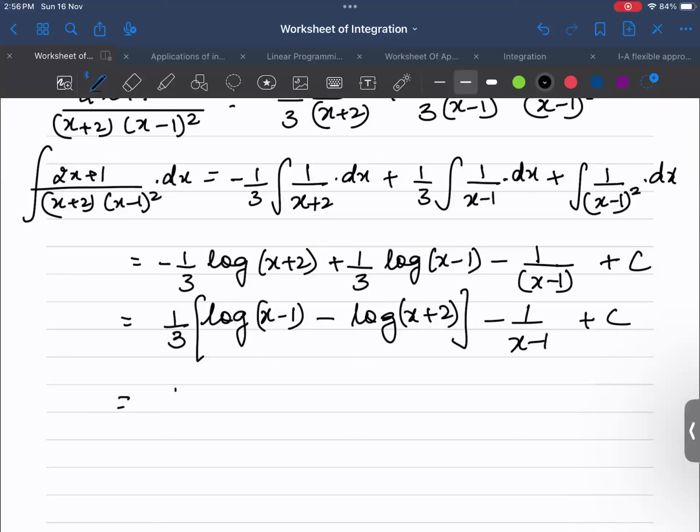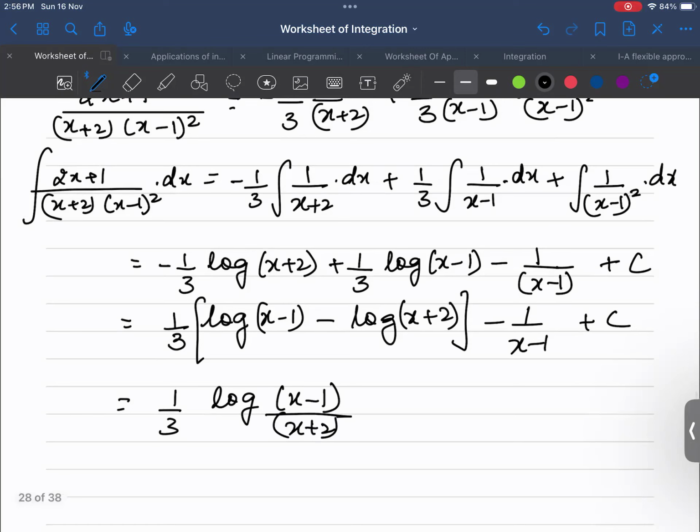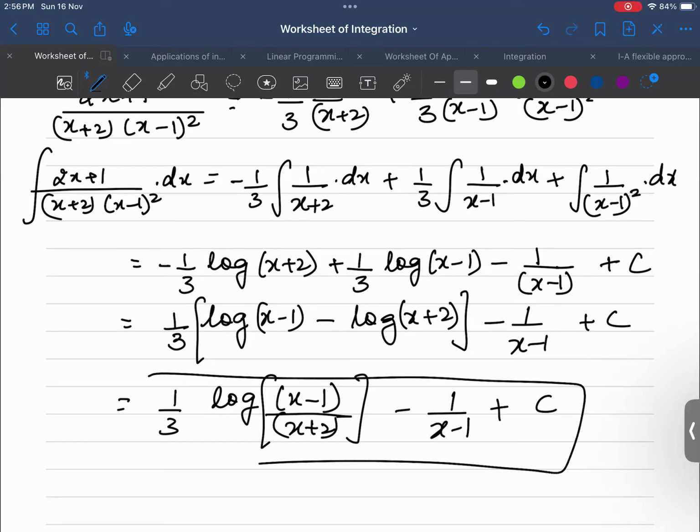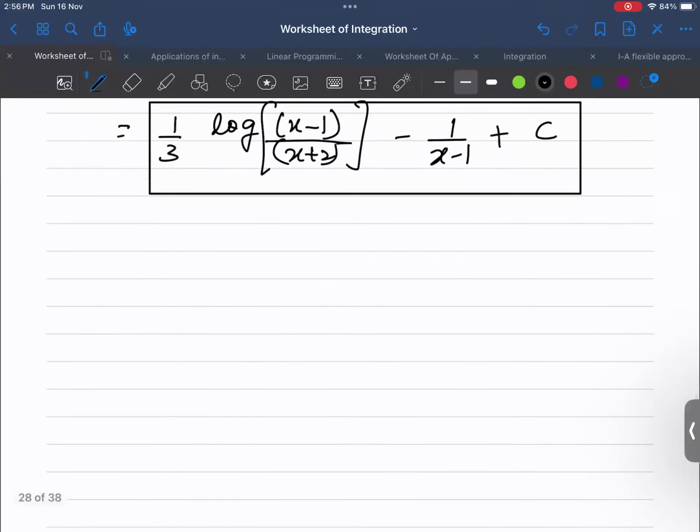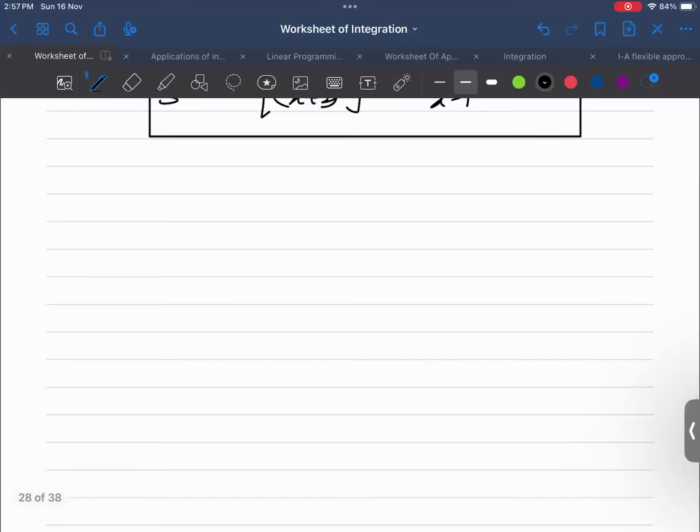Can I say 1 upon 3 log of x minus 1 upon x plus 2? Because now it's a subtraction, and the property of the log is that when we subtract, it becomes a quotient like this. Minus 1 upon x minus 1 plus c. Is it clear? We can leave it here, and this is your answer. Is it clear? Let's do one more question.